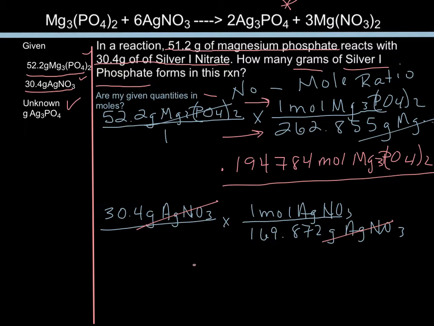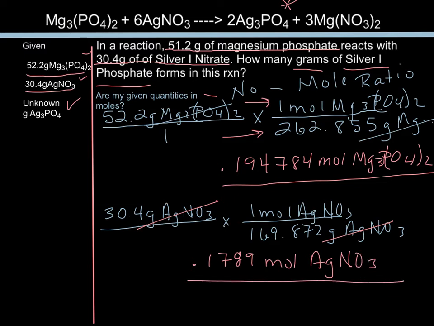So my answer, once I multiply straight across and divide, is 0.1789 moles of silver nitrate. Okay, so there is my moles of magnesium phosphate and my moles of silver nitrate.